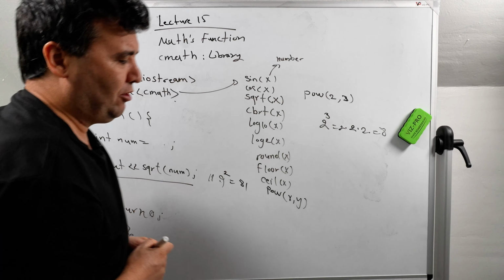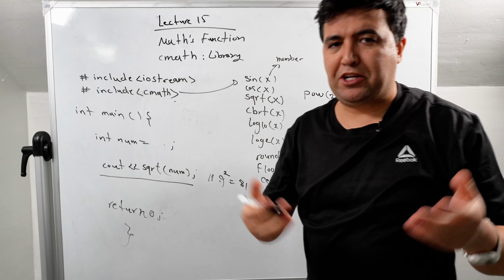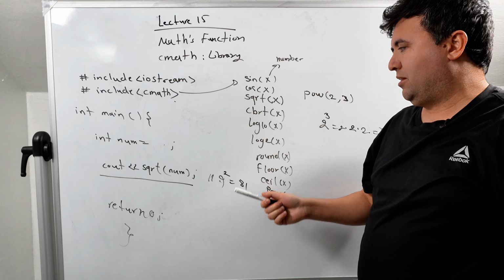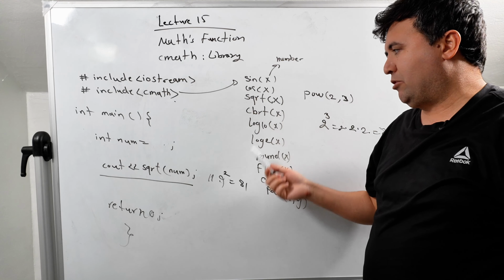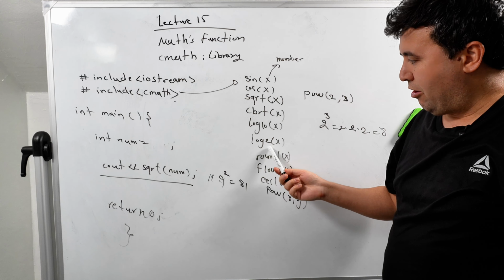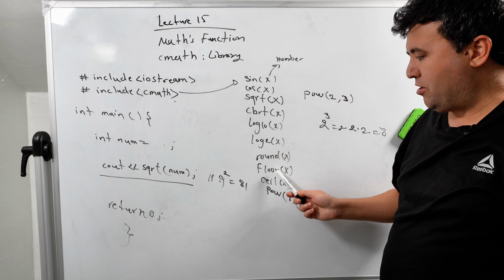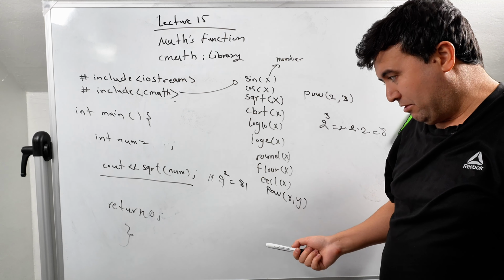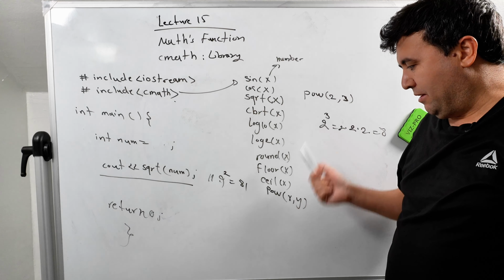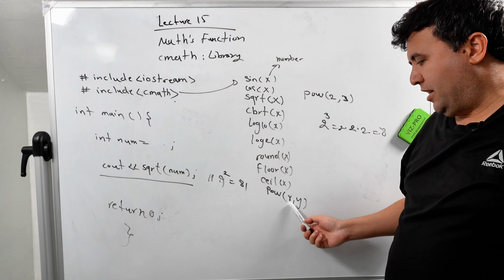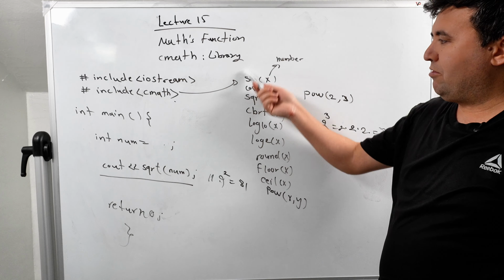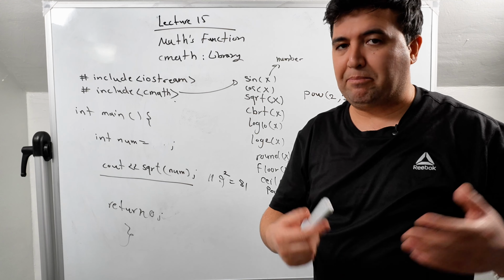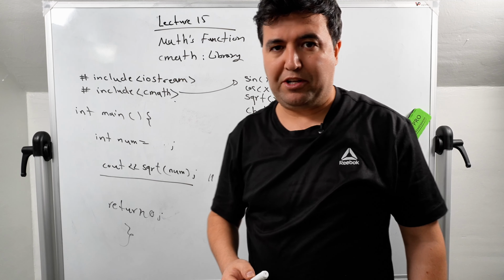Whenever you want to use these math functions like sine, cosine, square root, cube root, log10, log2, round, floor, ceil, or the power of x to the y, all of these functions are included inside cmath, and we need to include this library at the beginning of our program.